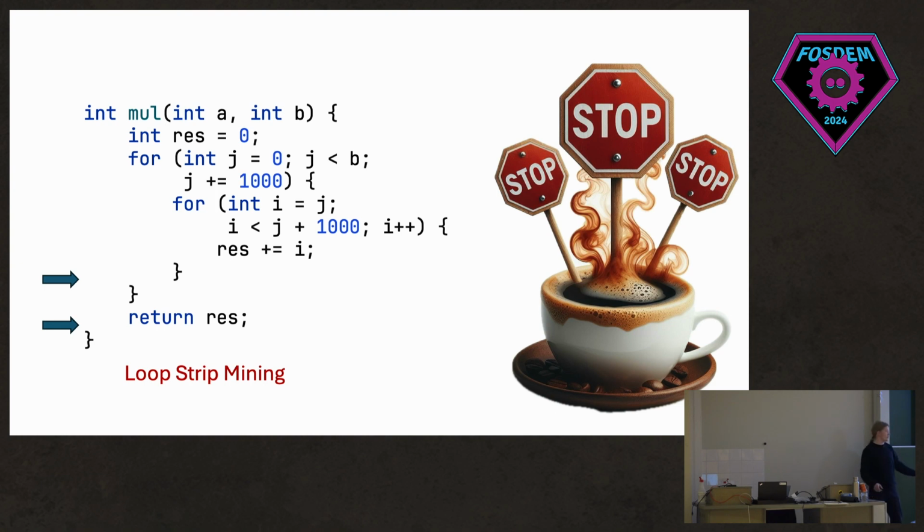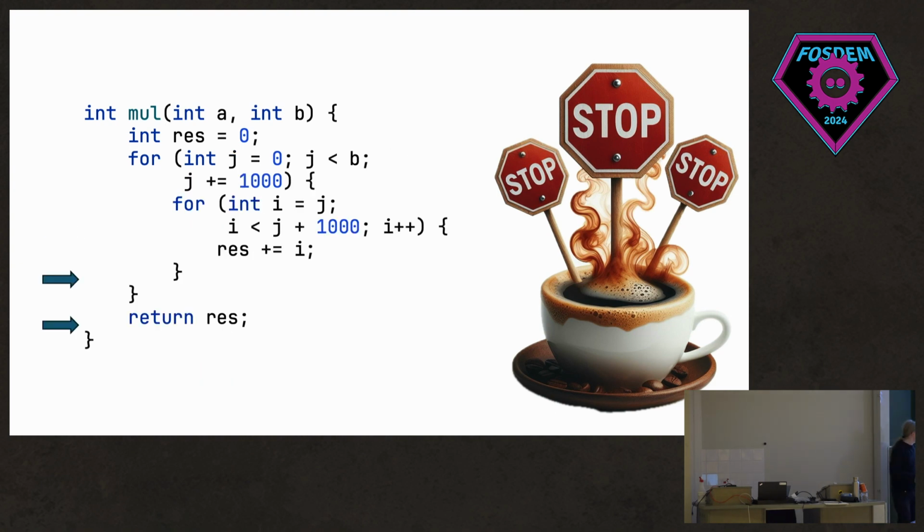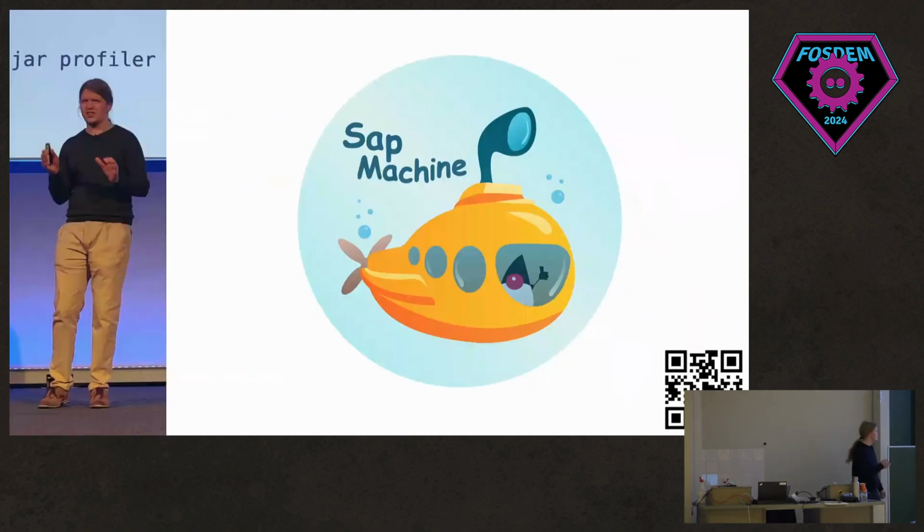The idea is that you split this loop into an outer loop that increments the value by 1,000 typically, and an inner loop, and we have a Safepoint here. That's quite good. It's called loop strip mining, and it reduces the latency in your JVM quite nicely.